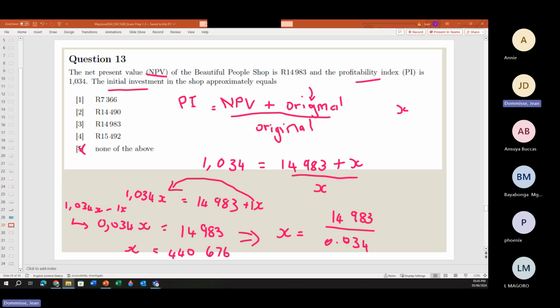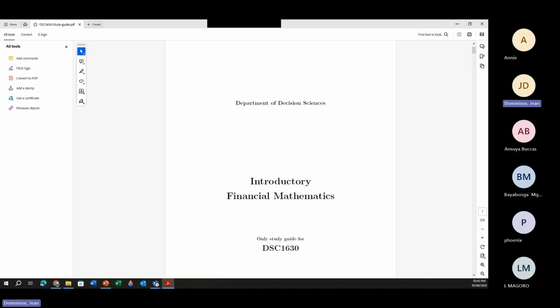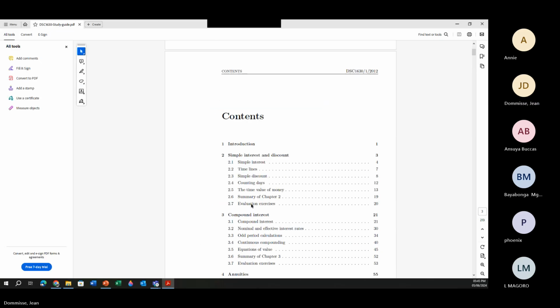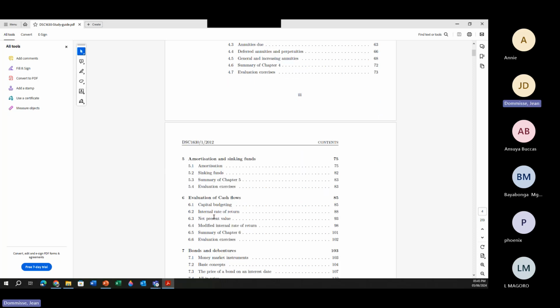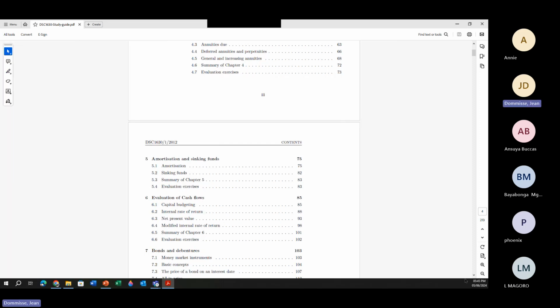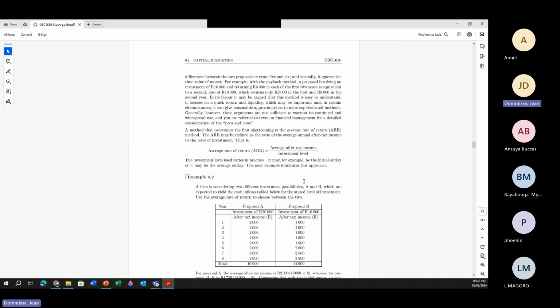I don't think it is, it is for amortization. Okay, so it's not that. Sorry, it is chapter 6, evaluation of cash flows, and then it is around page 93. So let's quickly go to 93.